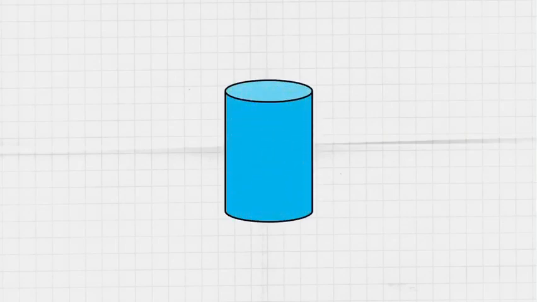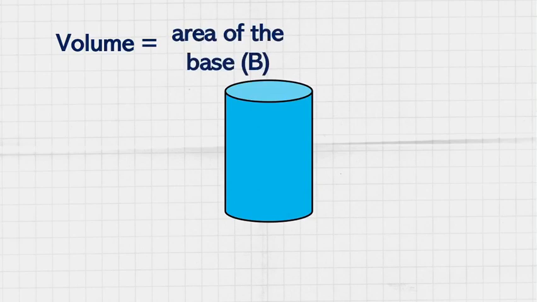I have here a solid figure named cylinder. We all know that the volume is equal to the area of the base times height. And the base of the cylinder is a circular shape.